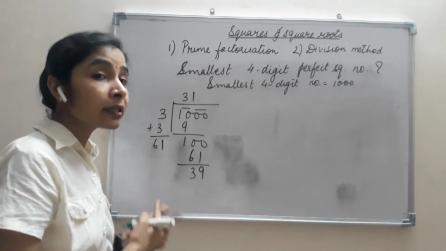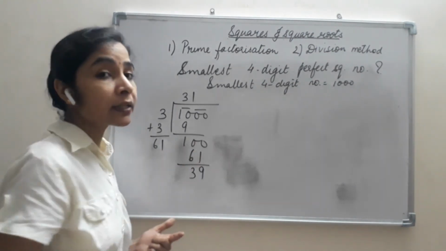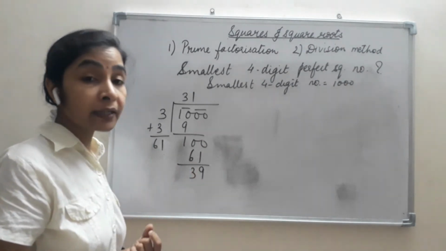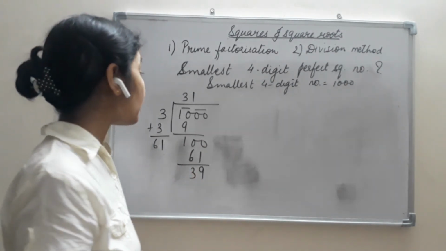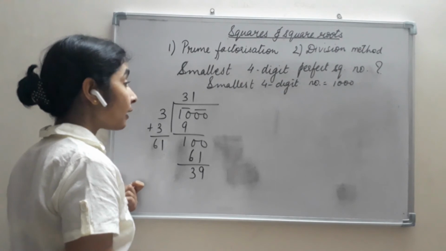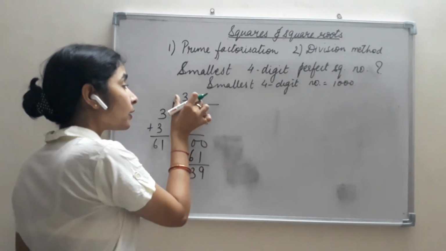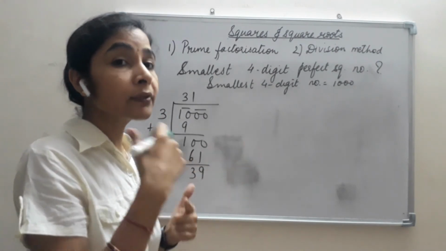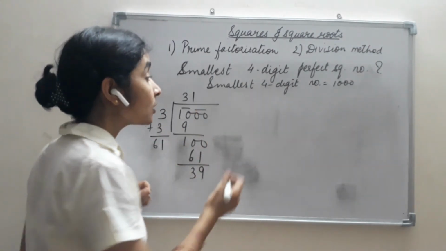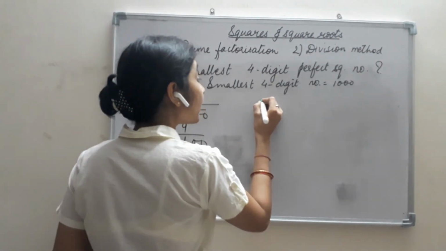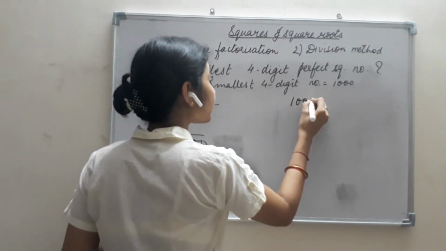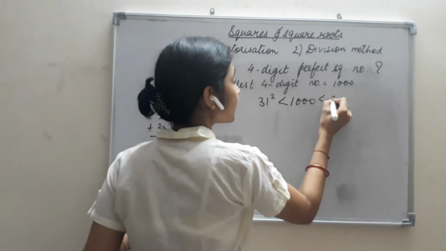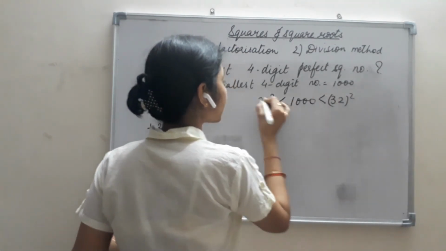But I want a number which is greater than 1000 and which is a perfect square, because if I subtract 39 from it, it will give me a 3-digit number. So what is the answer for this? That 31 square is less than 1000. So that means 32 square will be greater than 1000. So we'll write the same thing here, that 1000 is greater than 31 square, but it is less than 32 square.